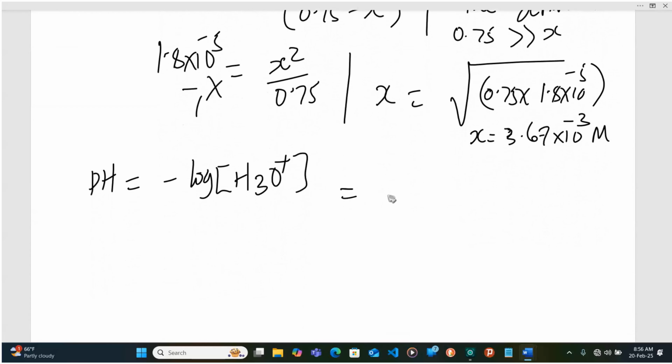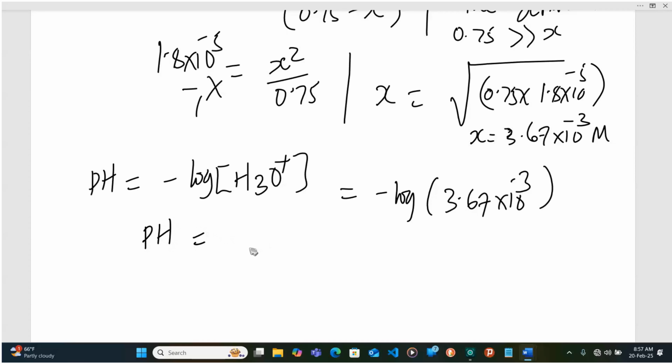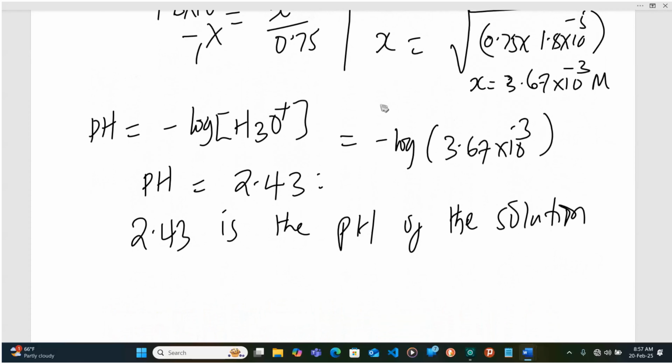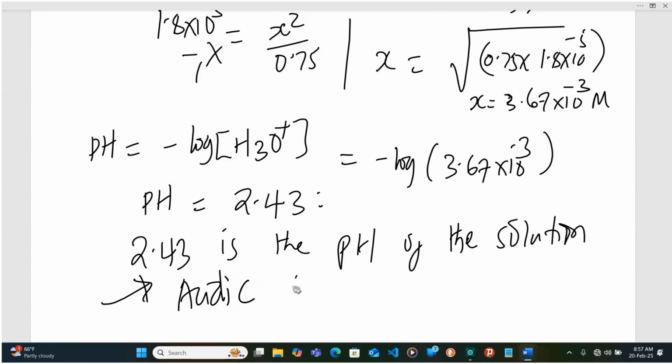So this becomes negative logarithm of 3.67 times 10 to the power negative 3. And then our pH is giving us 2.43. So 2.43 is the pH of the solution. This makes it acidic, since the pH is less than 7.